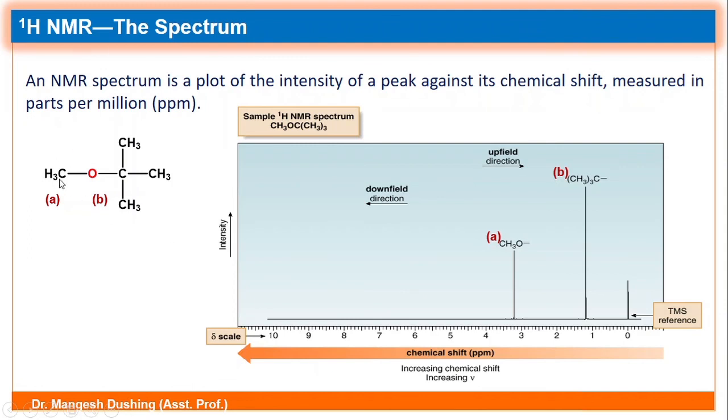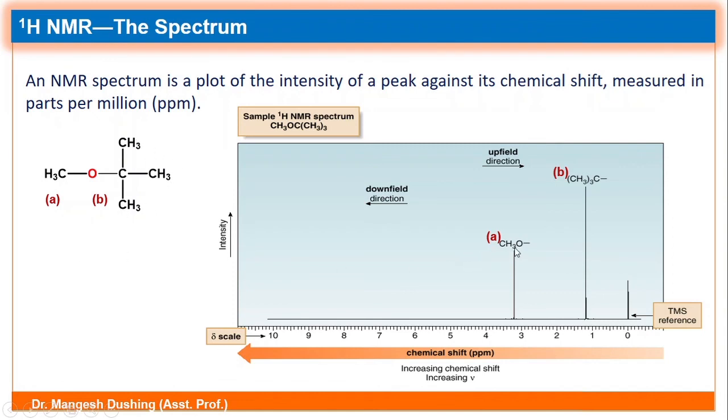Now in this case, this carbon is directly attached to the oxygen, having a minus I effect. So these protons shift towards the deshielded, towards the downfield. So it will have a higher delta value, higher chemical shift than these 9 protons.